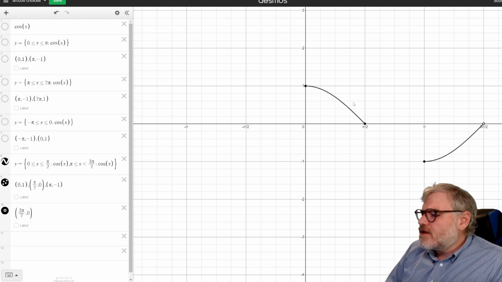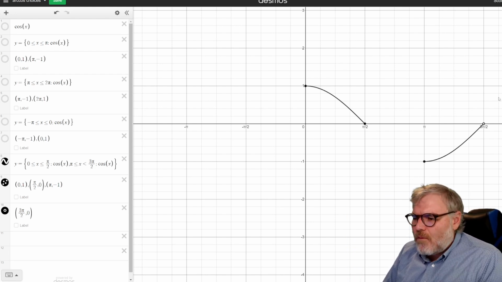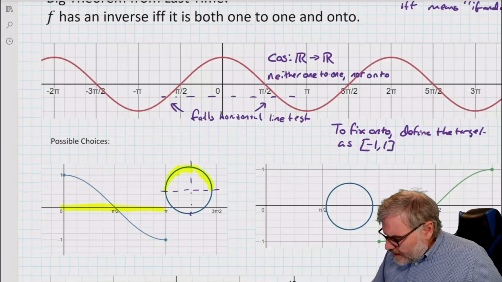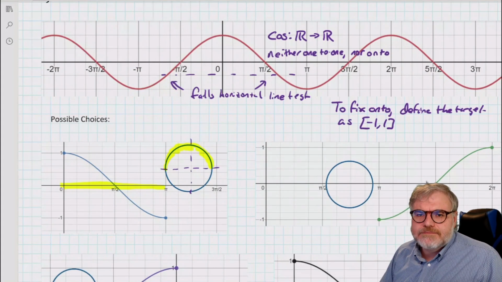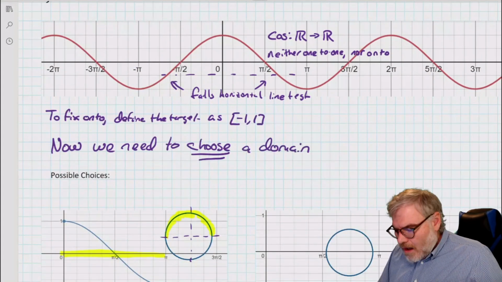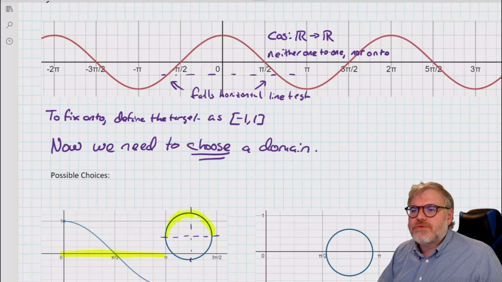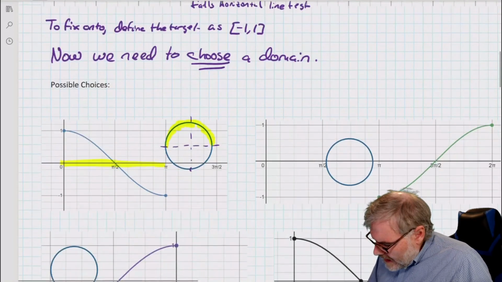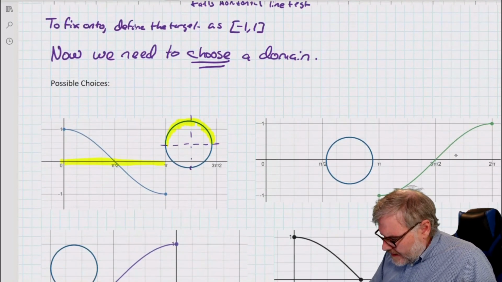Okay, so let's look at why we would want to make a particular choice. Okay, so if I wanted to choose to go from pi to 2 pi, right?